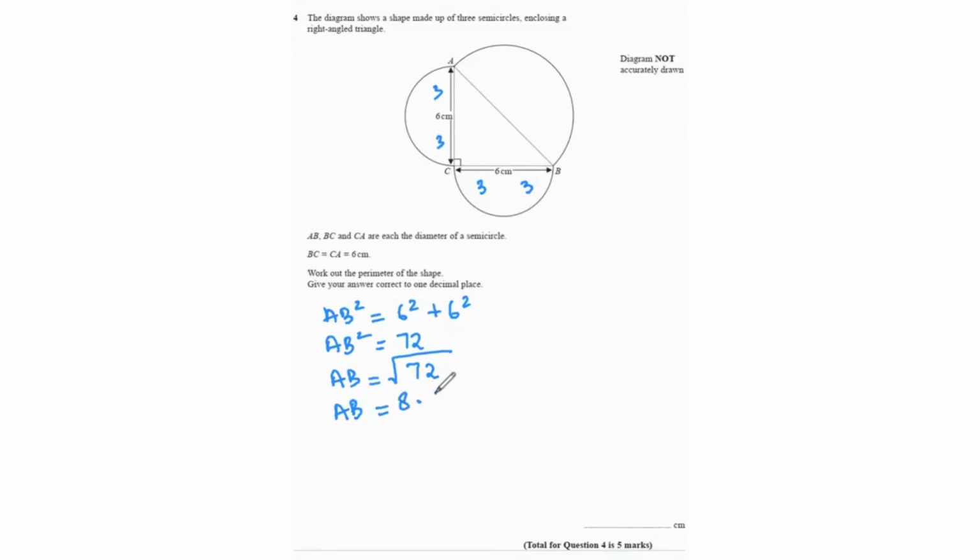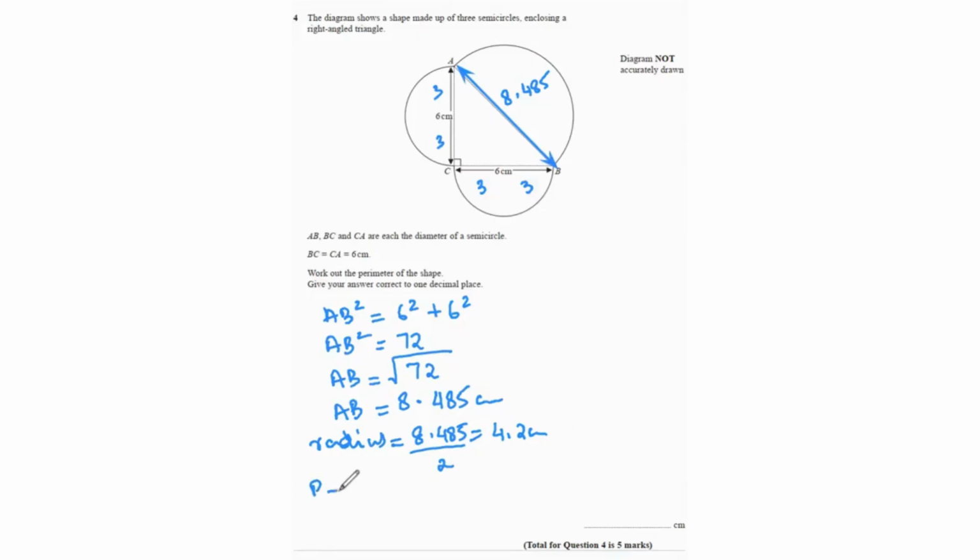which is 8.485 centimeters. So that's the diameter. So let me label that over here. 8.485. So radius is going to be 8.485 divided by 2. That's 4.2.